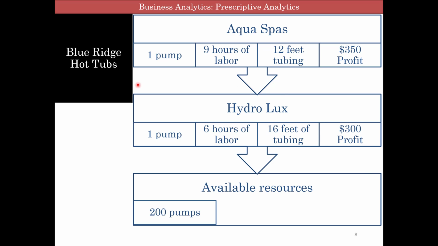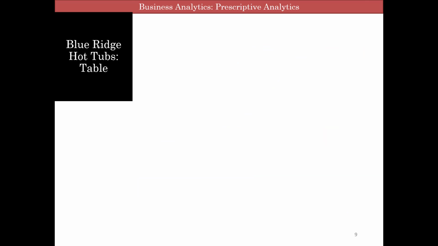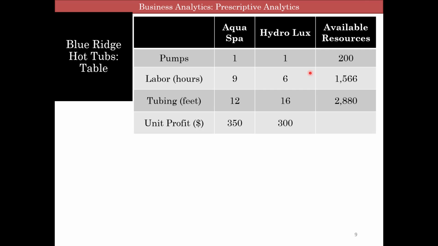We have 200 pumps, right? So 200 pumps, we have 1,566 hours of labor, and 2,880 feet of tubing. So this kind of makes it a little bit clearer on what we need and what is available, right? So put it in a table. Let's go ahead and dump it all in a table, and this is something you should do with a paper and pen.